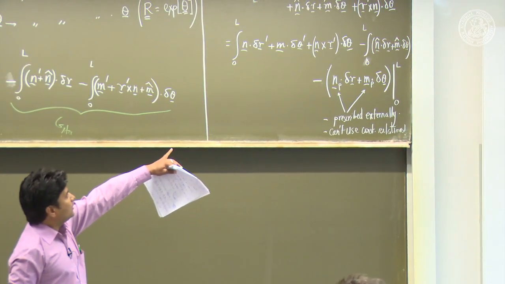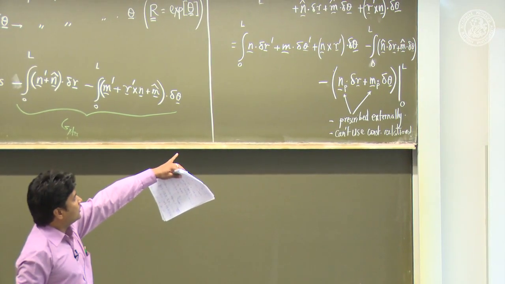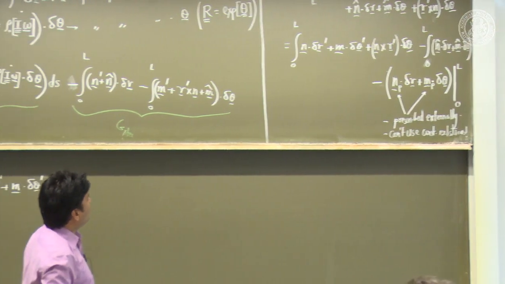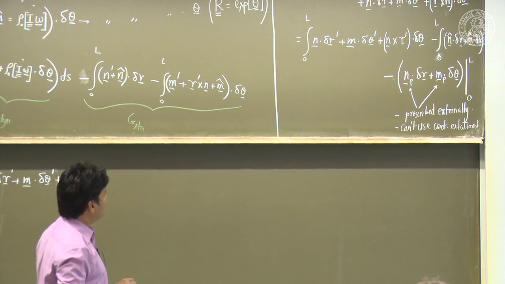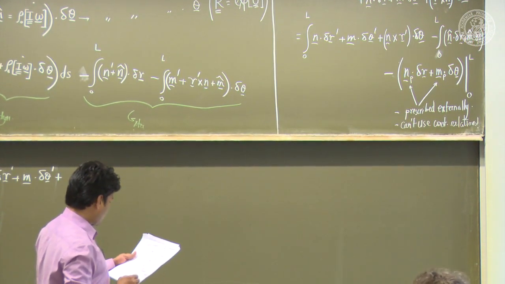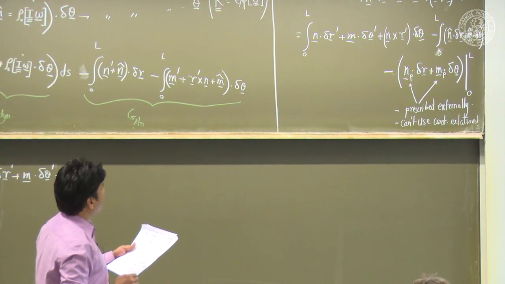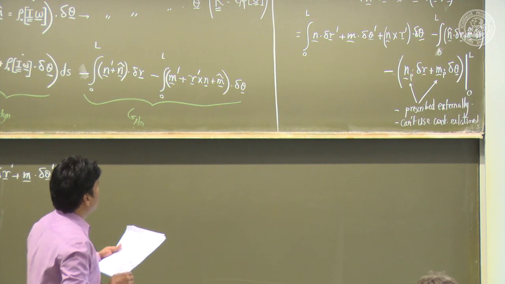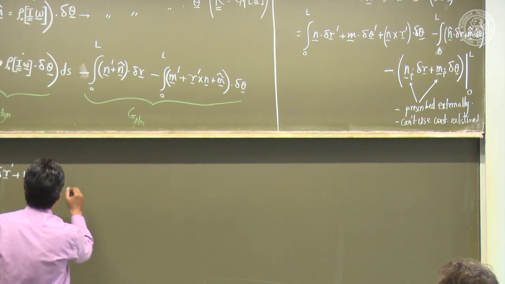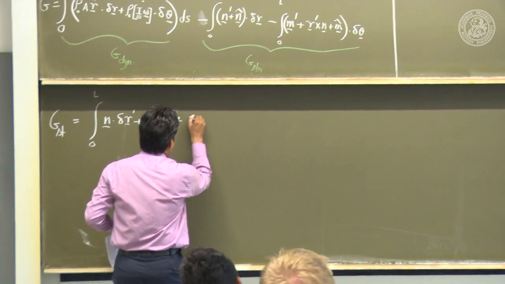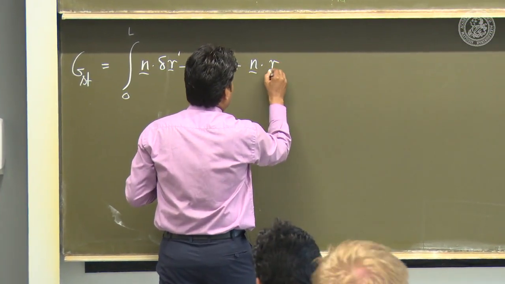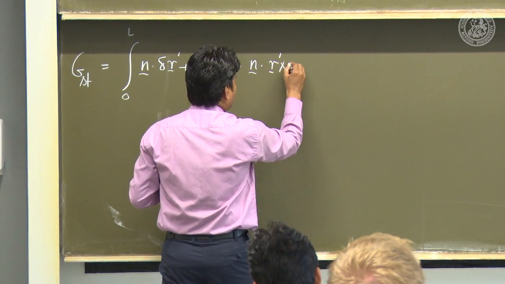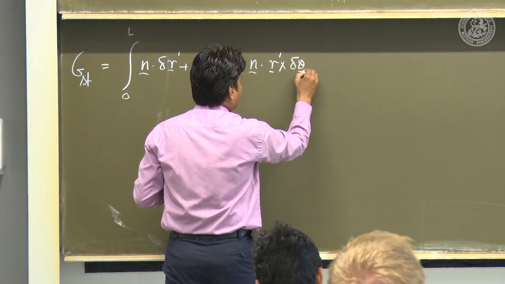I could also write that as n dot little r prime cross del theta.